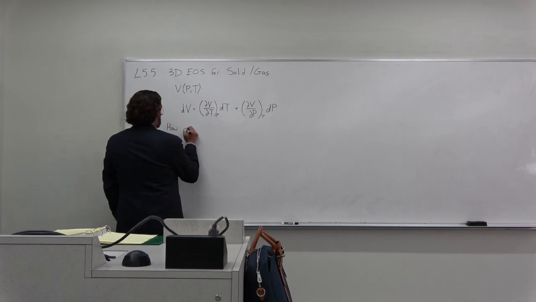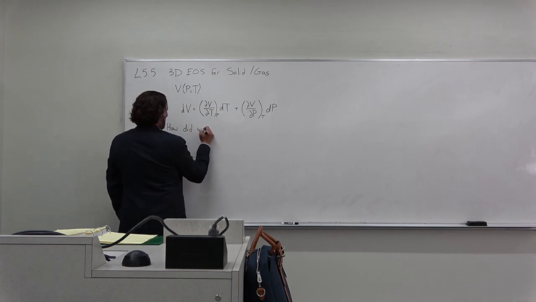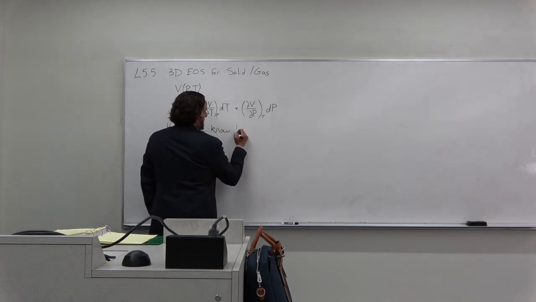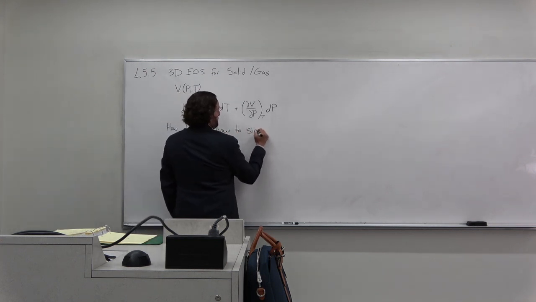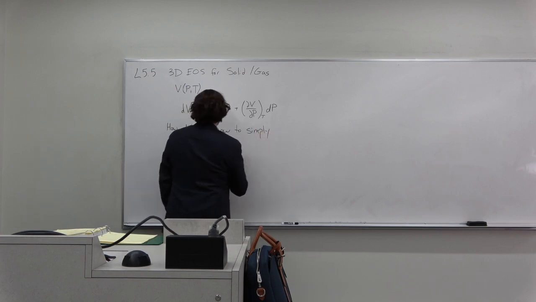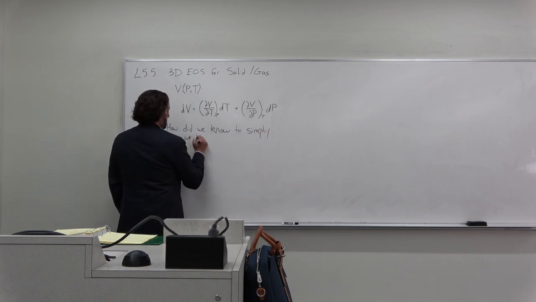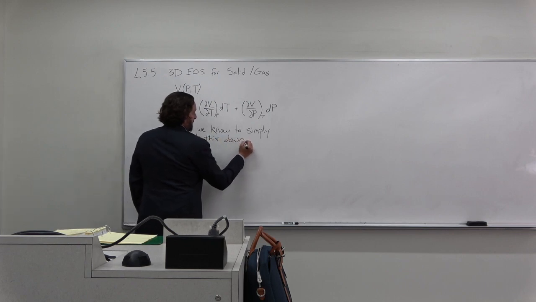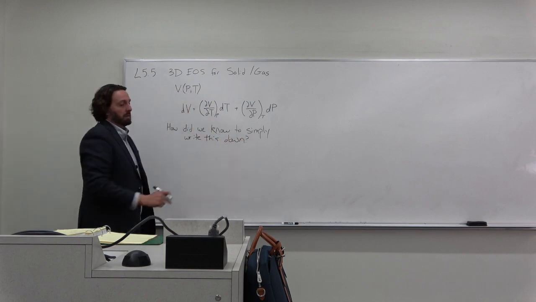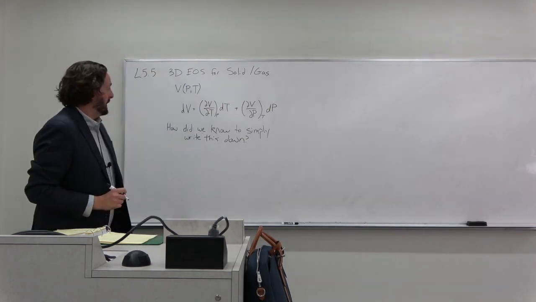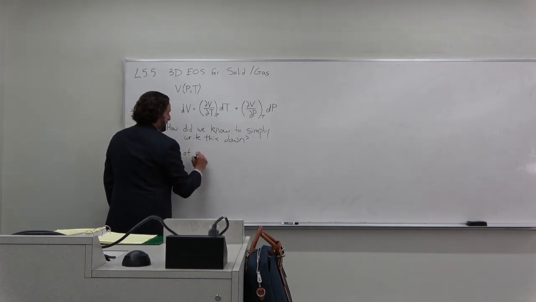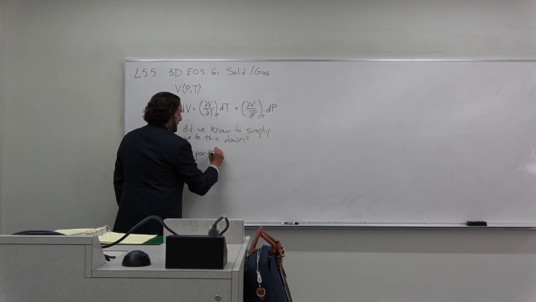So how did we know to simply write this down? How could we simply just write down this equation out of the blue? Well, this comes from the math of partial derivatives.